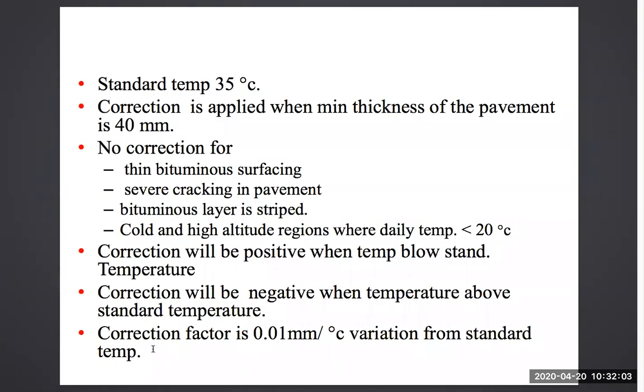The correction factor is 0.01 multiplied with the deflection, 0.01 mm per degree rise or fall in the temperature. So if it is more than 35, this correction will be positive. If it is less than 35 degrees, then the correction applied will be negative.